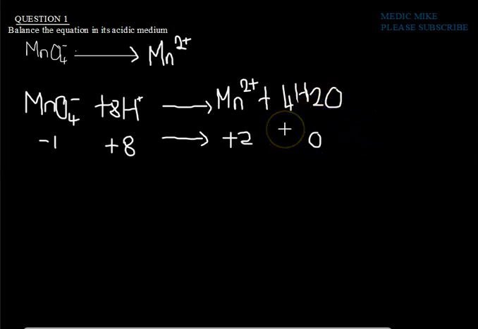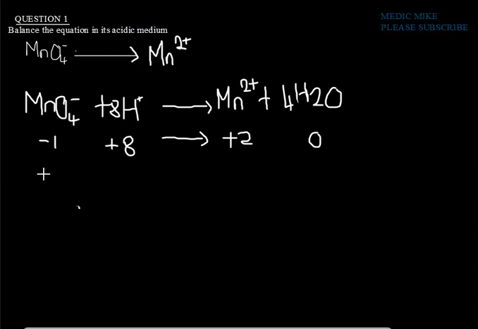Now the reason we are writing -1, +8 and +2 is because these respective ions or radicals are carrying a charge at the top of the atoms. So moving on, the next thing we are going to do is to add the charges of the respective 2 sides of the reaction.